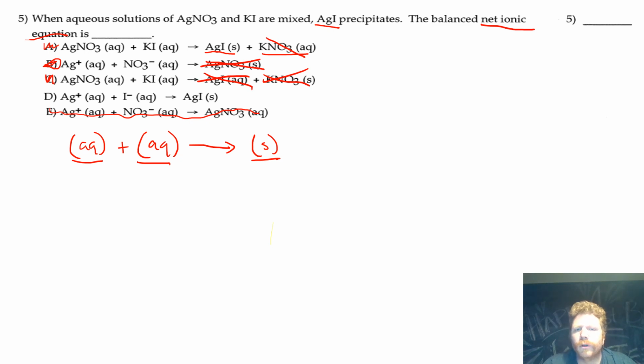So just by virtue of aqueous plus an aqueous substance yielding a solid, using that sort of format, and recognizing that as a net ionic reaction, we are simply going to be left with D as our correct answer. So whenever you see that sort of problem, keep that in mind.